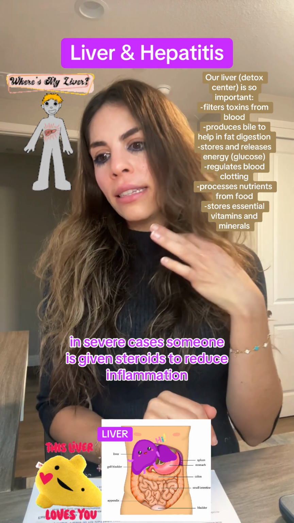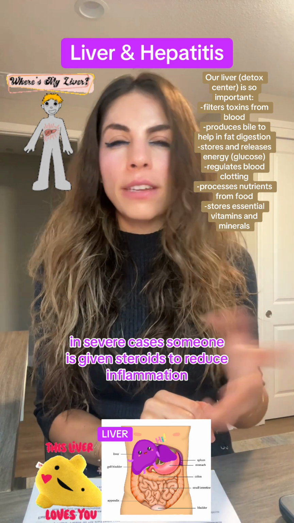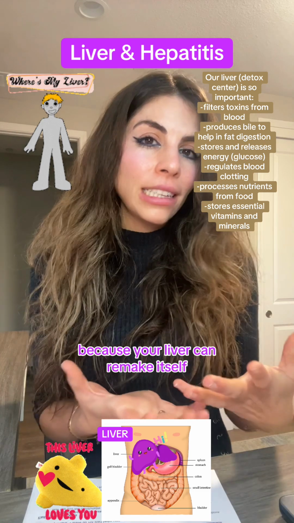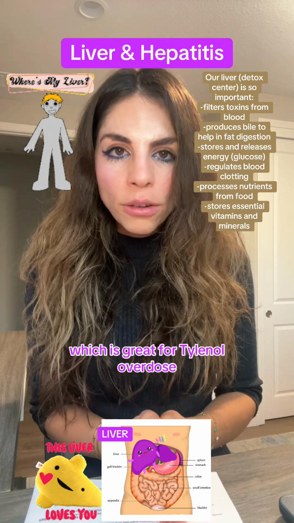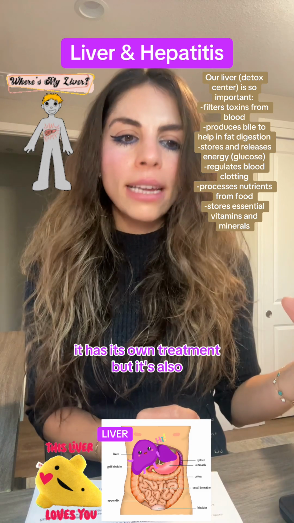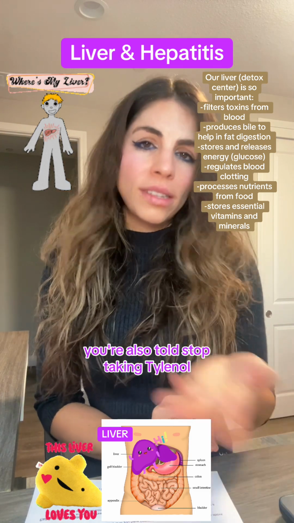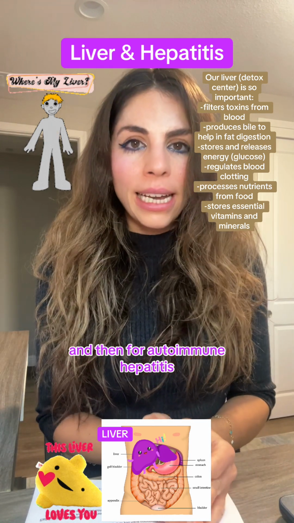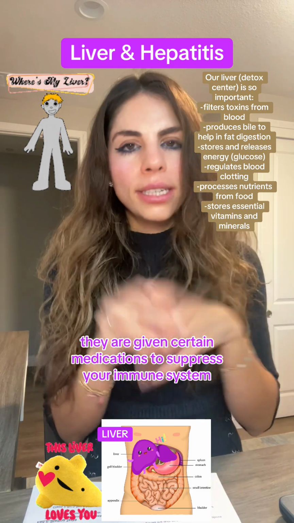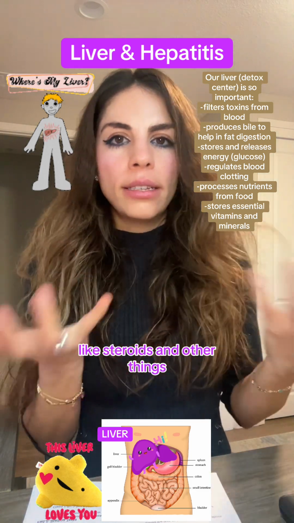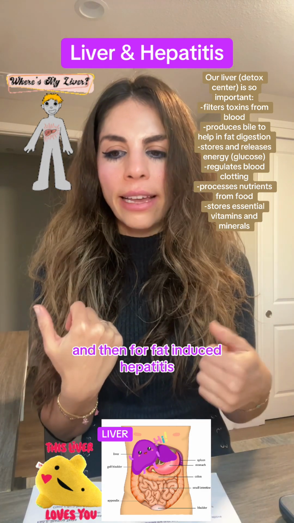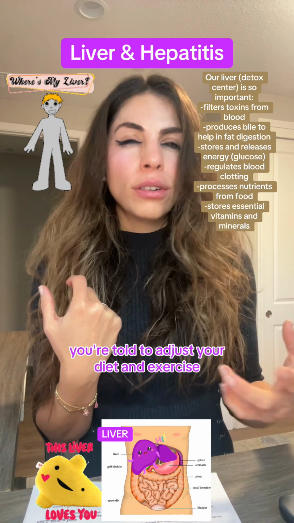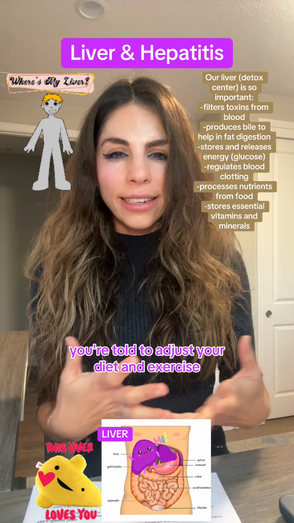And in severe cases, someone is given steroids to reduce inflammation because your liver can remake itself, which is great. For Tylenol overdose, it has its own treatment, but you're also told to stop taking Tylenol. For autoimmune hepatitis, they're given certain medications to suppress your immune system, like steroids and other things. And for fat-induced hepatitis, you're told to adjust your diet and exercise.